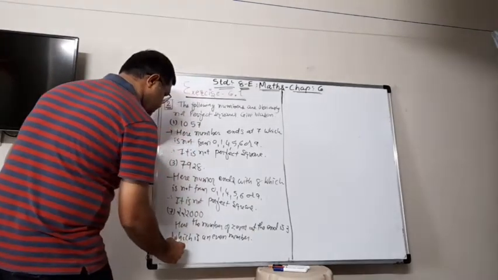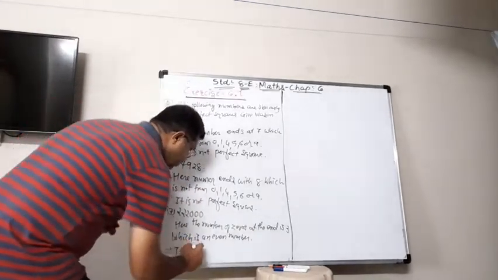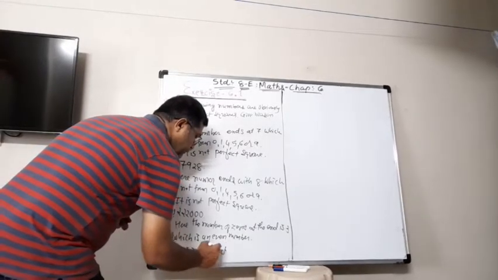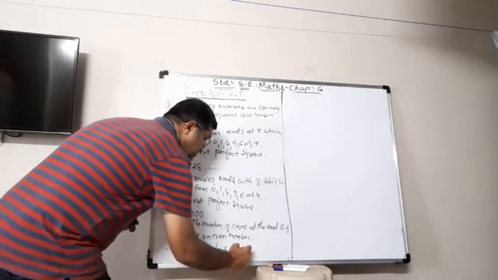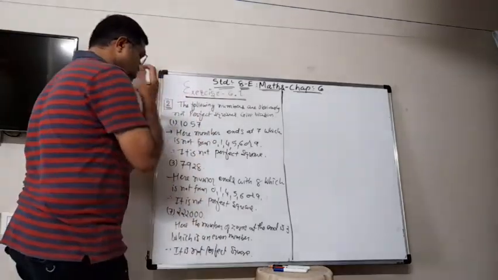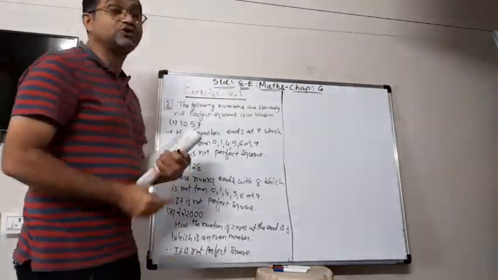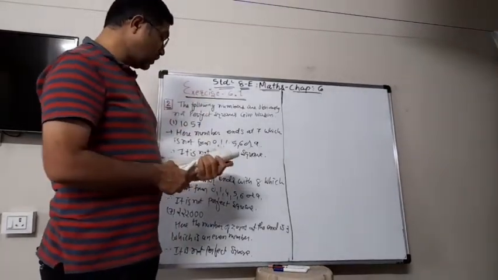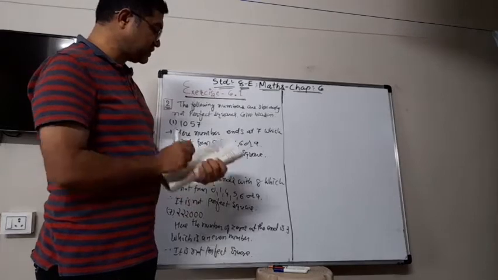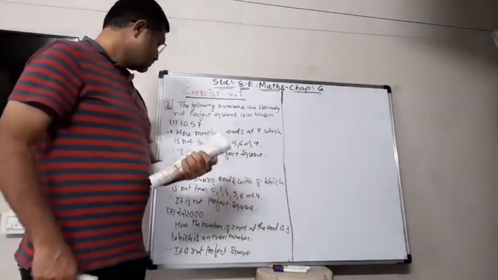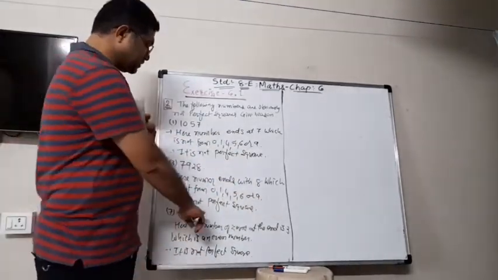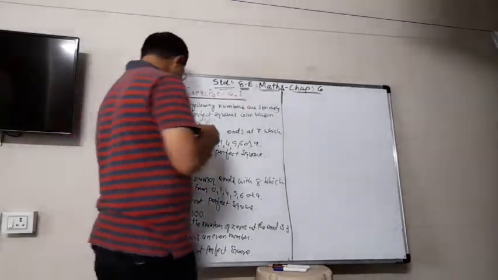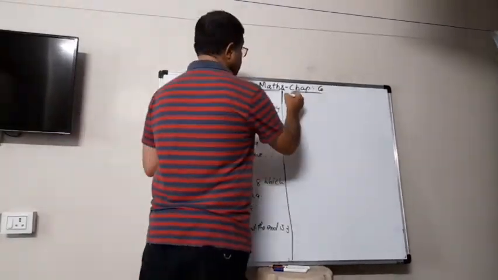Therefore, it is not a perfect square. So whenever there is a 0, you have to check how many zeros are there. If it is an odd number or an even number, we have to check. If it is even, then it may be a perfect square.